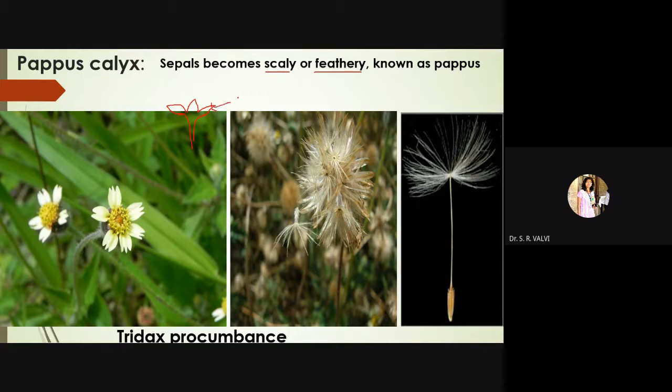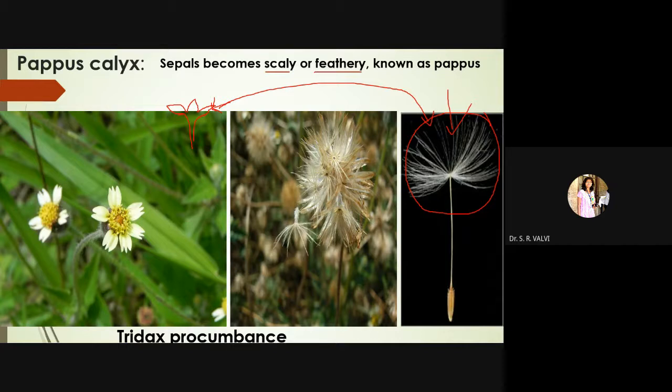But here in the case of Tridax, these sepals are modified into this structure. Look to your extreme right where I have circled this. Can you imagine the same sepals which I drew over here? They look like this.